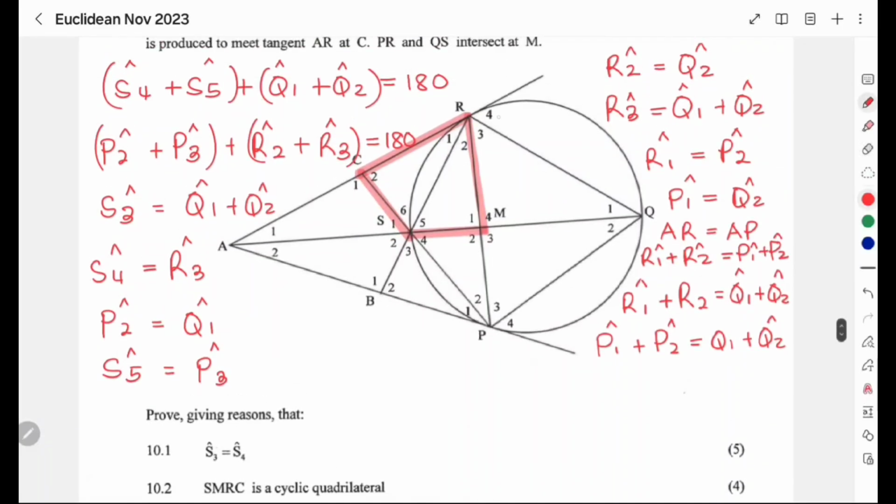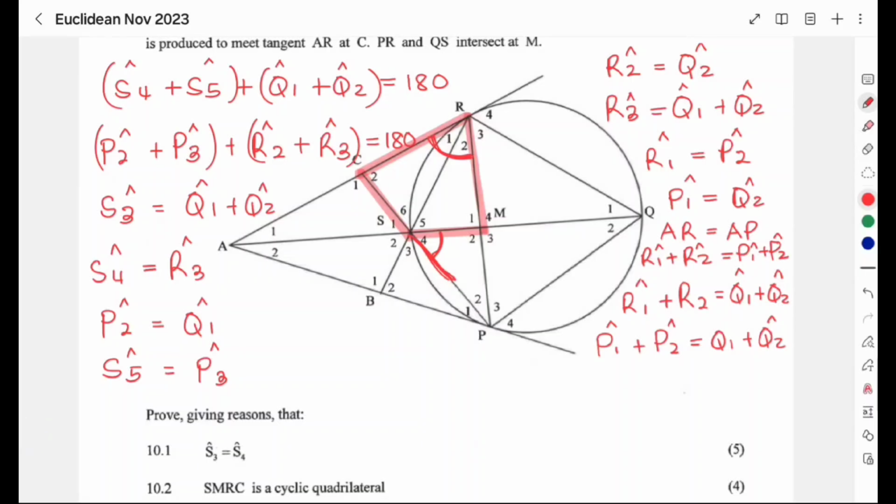Alternatively, you could use R4 and R3 and prove that that is equal to S6 and S5. We can also use S4 as the exterior angle and try to prove that it is equal to R1 and R2, or you can say CRM.